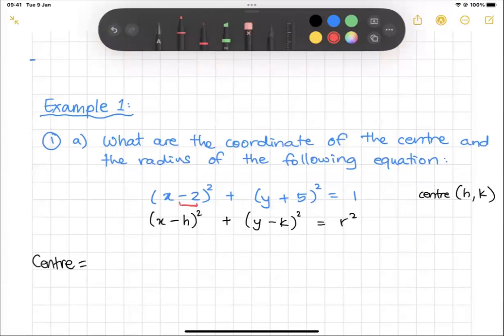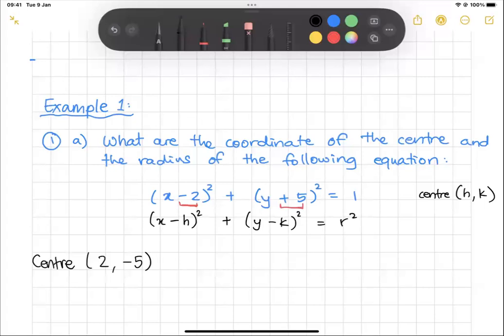So if in the equation it is a negative 2, my center coordinate for x will be positive 2. Then for my y coordinate, this is a plus 5. What's the opposite of a plus 5? A minus 5. So I'm going to put minus 5 as my y coordinate in my center.